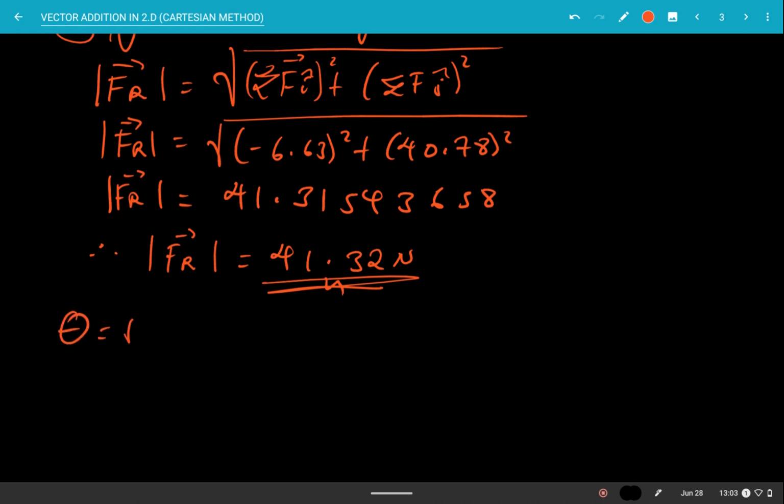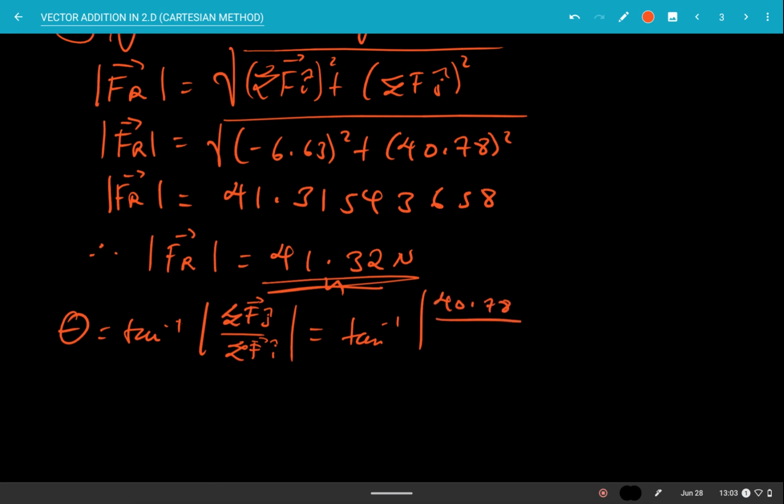So theta is equal to the tan inverse, like I said, of the sum of the J components over the sum of the I components. So we're having tan inverse of 40.78 over 6.63.